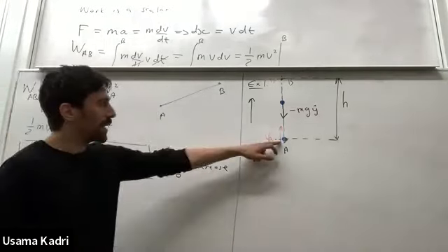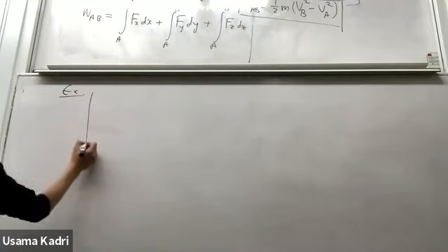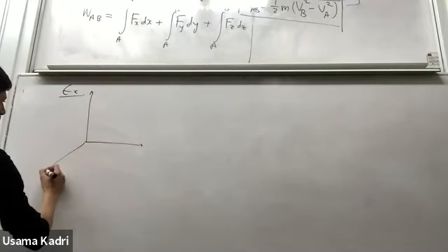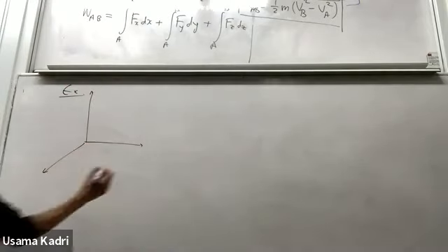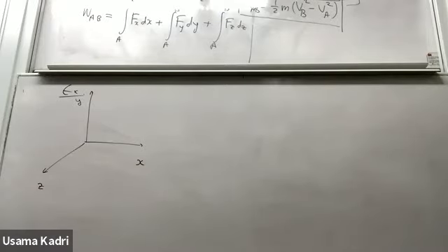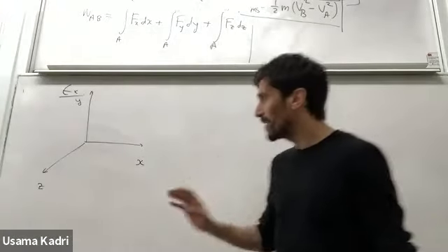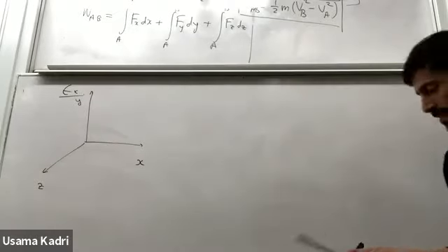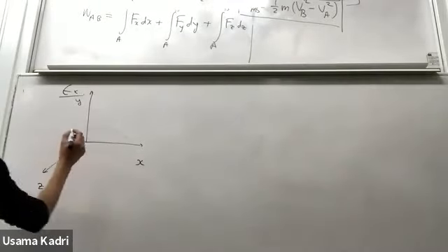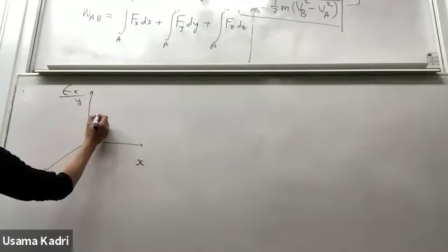Okay. So for example, we have the 3D problem: X, Y, Z. Remember, never forget X, Y, Z. We start with some point A. Let's say point A is projected here.